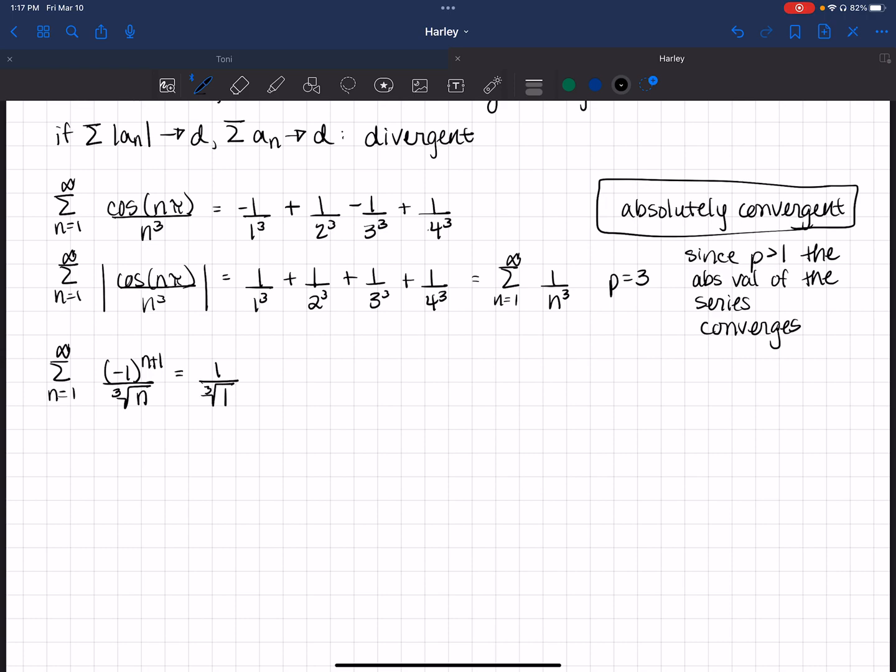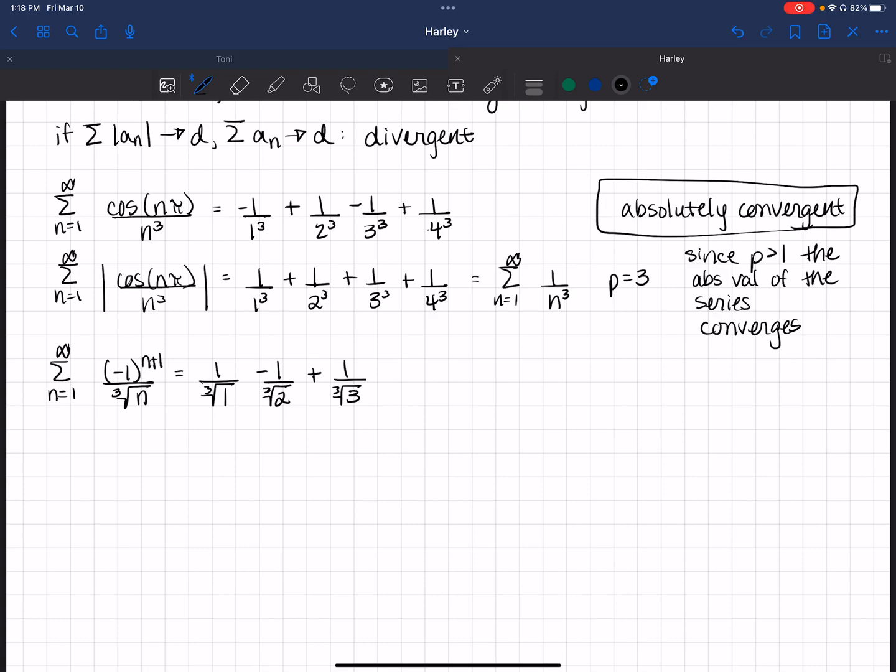Plus, well, let's wait on the plus, because if I put 2 in there, I get -1 cubed, which gives me -1 over the cube root of 2. Then I'm going to get plus, because when I plug in 3, it becomes to the 4th, 1 over the cube root of 3.